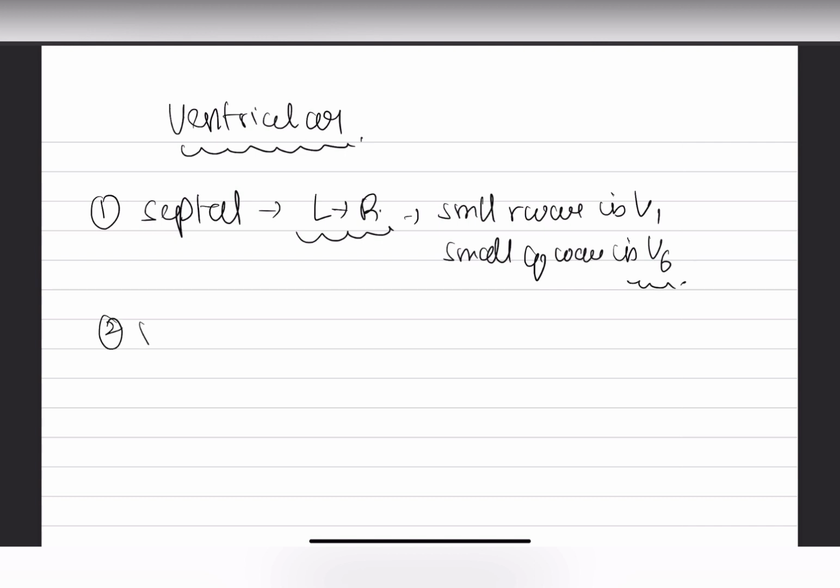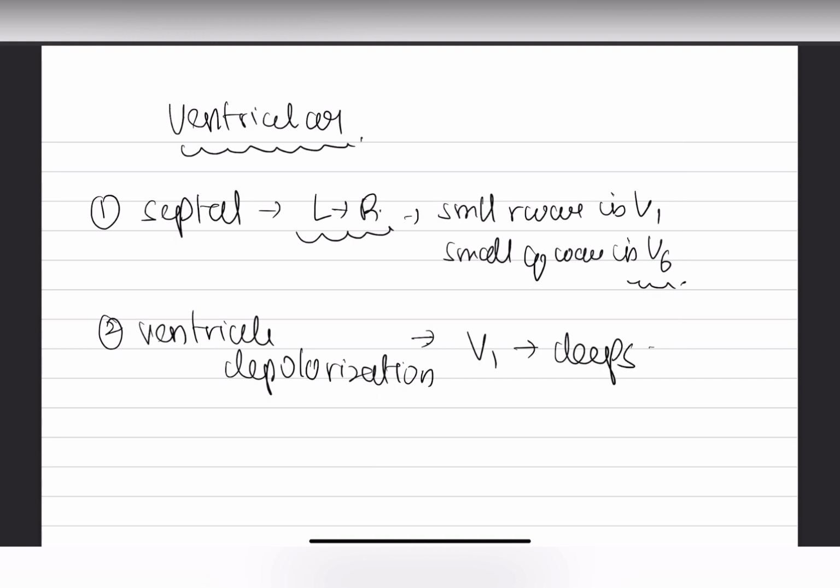Then the second is ventricular depolarization. Although both of them will get depolarized at the same time, the issue is that the LV is the predominant ventricle and it has a much larger muscle mass. So the ventricle, if you see lead V1, will have a deep S wave, and since it is directed towards the left ventricle, V5, V6 will have taller R waves.